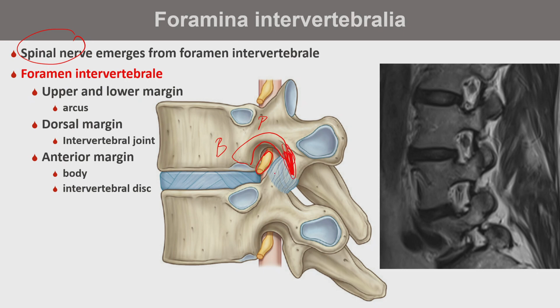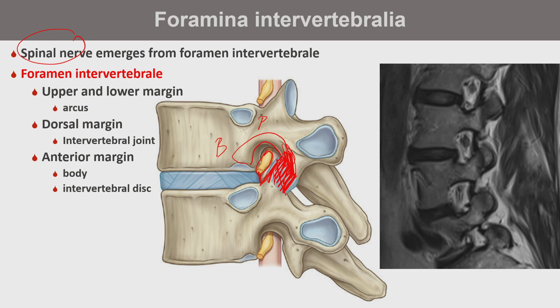So this is a lower articular process, and here is the upper articular process. You can see here is an intervertebral joint, and the last part, the lower part, is again the pedicle, and the lower part of the anterior aspect of this foramen is made from disc.